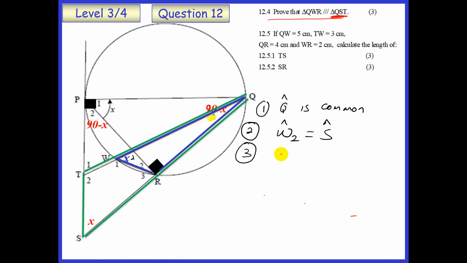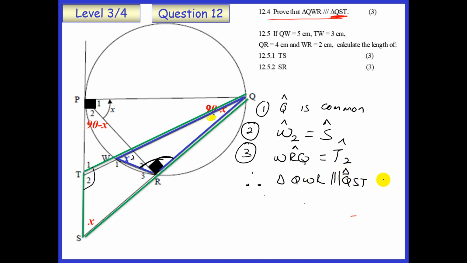And number three is our last angle in the blue triangle, angle WRQ, which will be actually equal to the last angle there, which would be T2, and that would be sum angles of a triangle. And therefore, we could conclude that triangle QWR is similar to triangle QST.